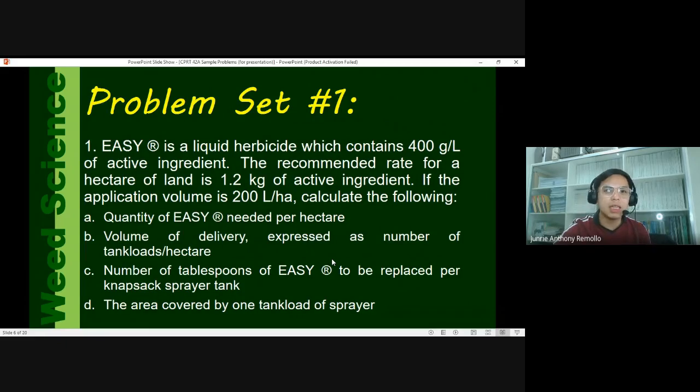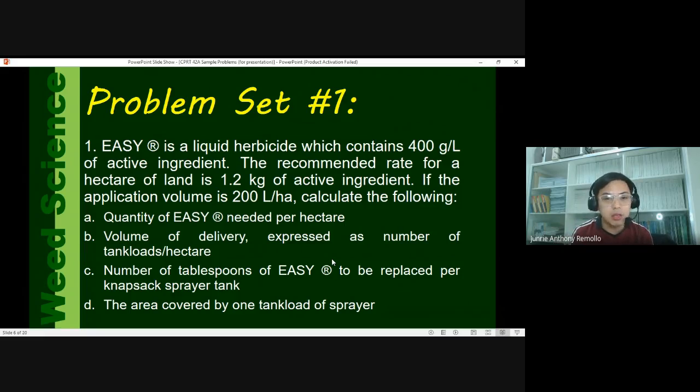So let's proceed to problem set number 1. I'll be giving you 4 sets of problems for this presentation. So first, EC is a liquid herbicide which contains 400 gram per liter of active ingredient. The recommended rate for a hectare of land is 1.2 kilogram of active ingredient.